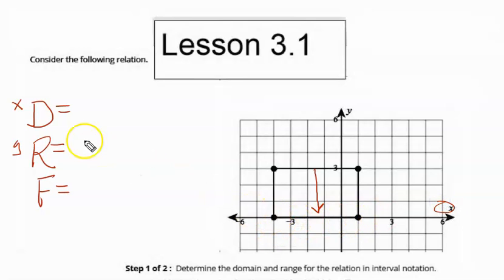Well, it's starting at, and we use a bracket to indicate that it is included, -4. And then it's going up to +1, and 1 is included, and that makes it an interval notation.